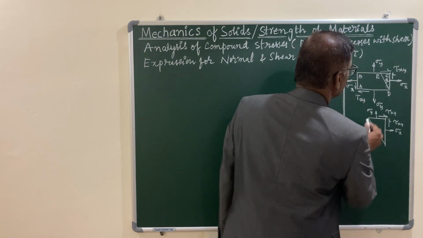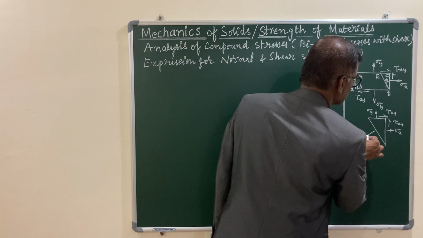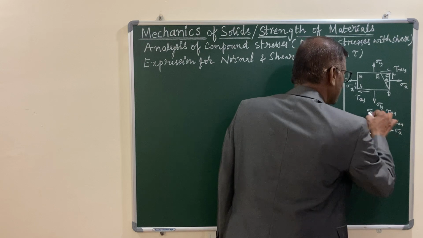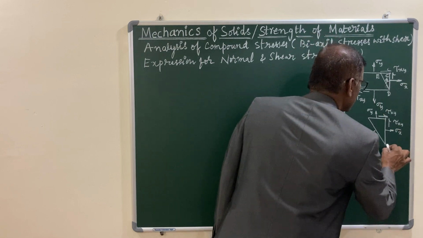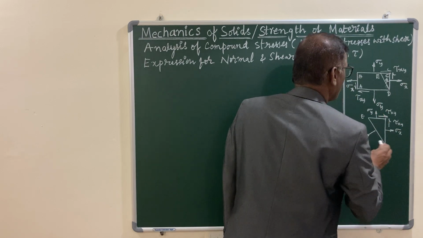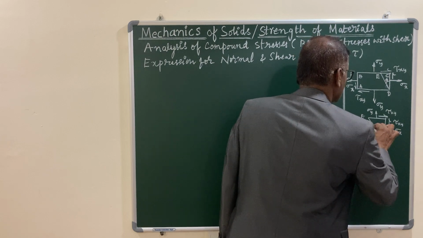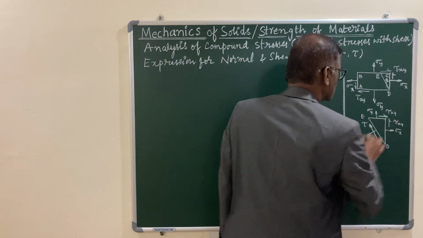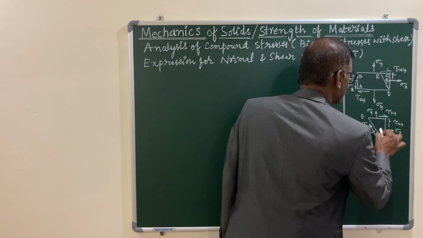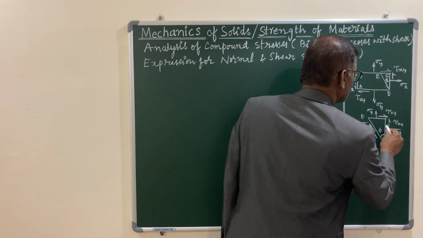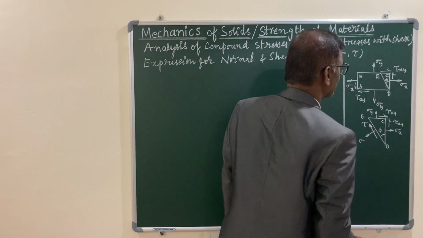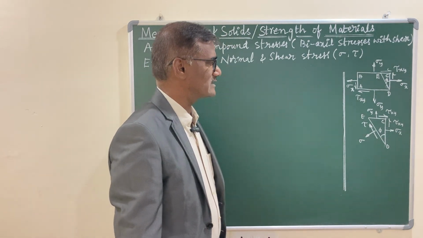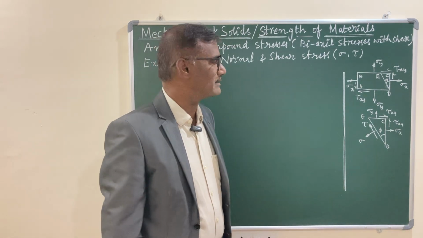Apart from this, when you cut the element, let us assume that you have a normal stress sigma perpendicular to the plane DE, and along this surface ED is your shear stress tau. This is at an angle phi, and the element is CDE.